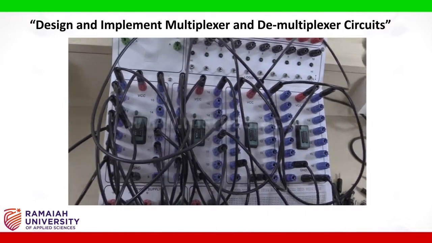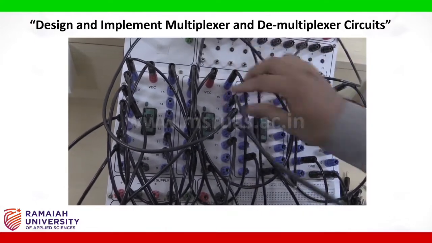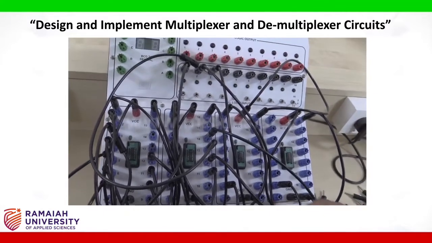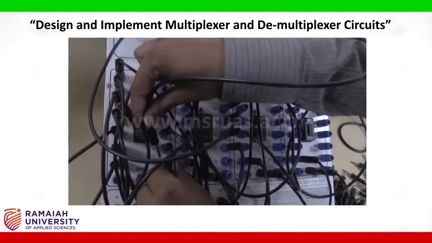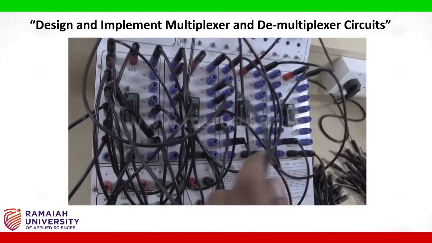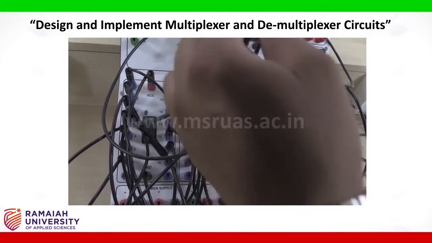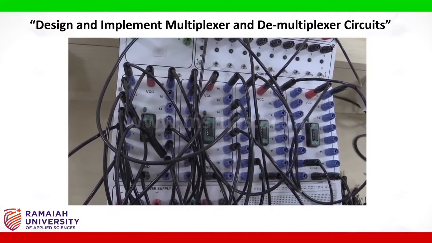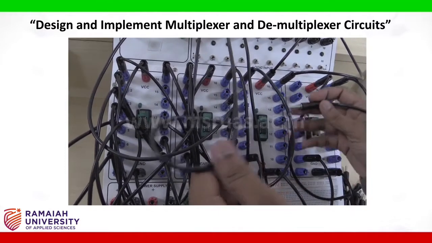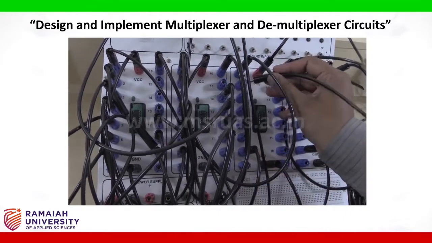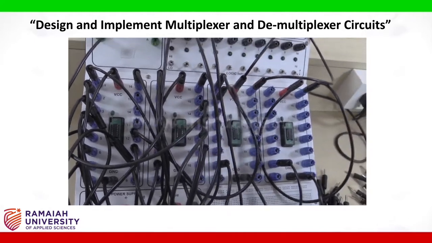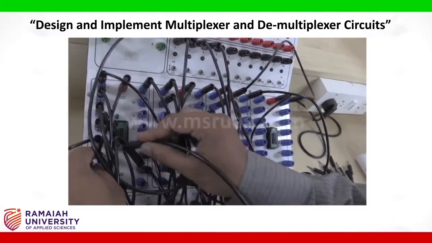Pin number 12 of 4 input NAND gate is connected to pin number 8 of the 2 input AND gate. So I am connecting here. Then pin number 2 of the 4 input NAND gate is connected to 6 of the 2 input NAND gate.